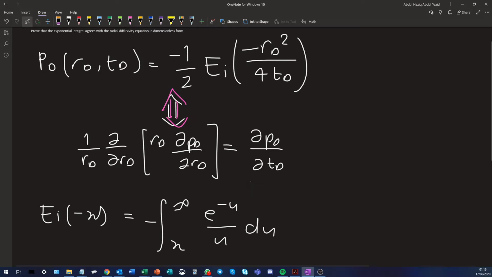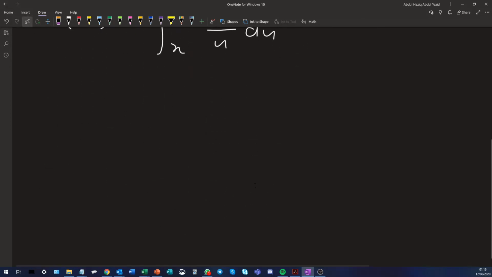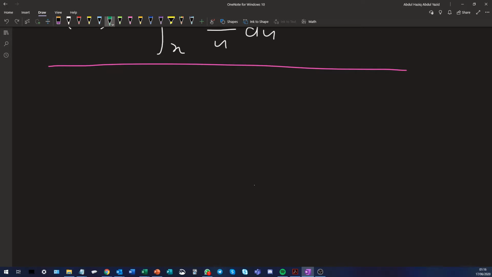Alright, so now how can we solve this? The first step is we need to know something known as the, so for this one I'll use a different color, maybe green.